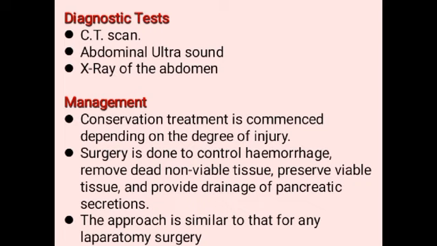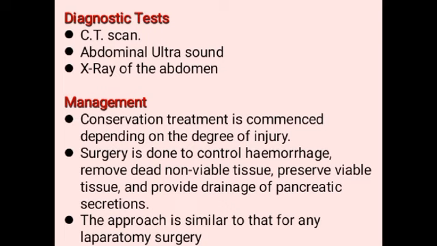Through history taking, we can rule for pancreatic rupture. You can also do a physical examination, whereby you palpate the epigastric region, and you see the patient reacting to it, or the tenderness of the patient. That is going to show that there could be organ damage in the epigastric region.